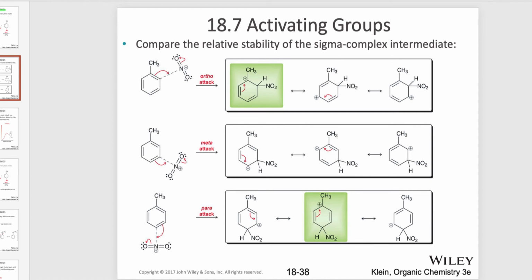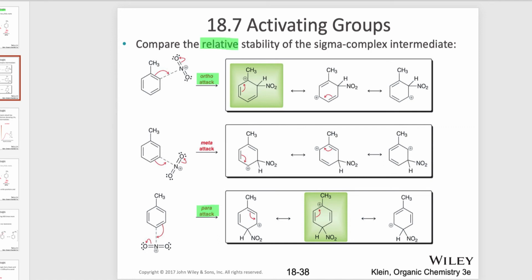What would happen? So if we're now adding in the ortho position and the para position, as we're looking at these ortho, meta, and para, we not only want to look at the number of resonance structures that can form, that can definitely play an important role, but we also want to look at the overall stability of the sigma complex intermediates.